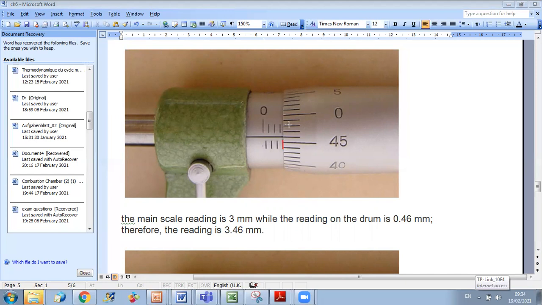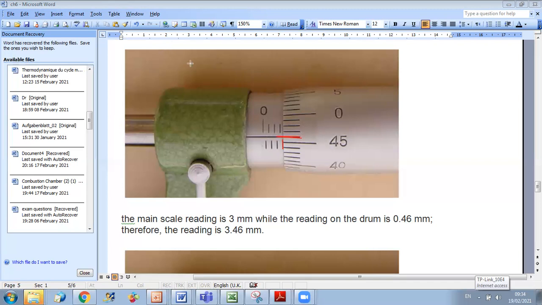So it is 3 point, and what you can see here is 46. So 3.46. This is why your symbol is very close to passing the 0.5 line. Okay. So here you can know from your second reading that you didn't pass it yet because you are on 46. Okay. So it's 3.46 millimeter.